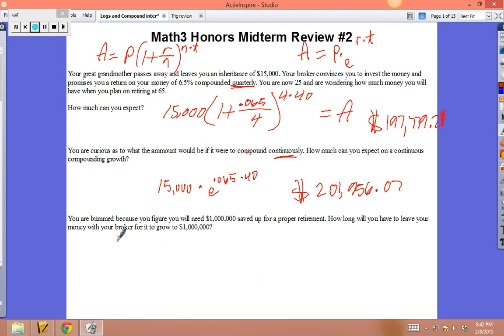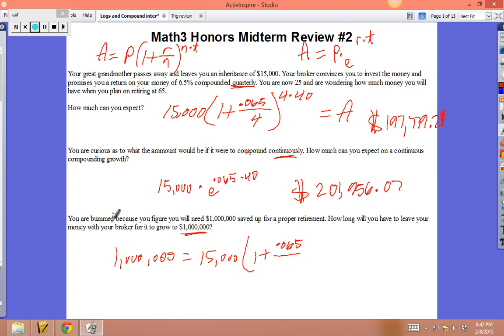Okay, now you look at those numbers and you're bummed out because you figure you're going to need $1 million to save up to enjoy a good retirement. So the question is, how long do you got to leave your money in for it to grow to be 1 million. So now 1 million is going to be the A. And your principal is still going to be 15,000. 1 plus the rate stays the same.